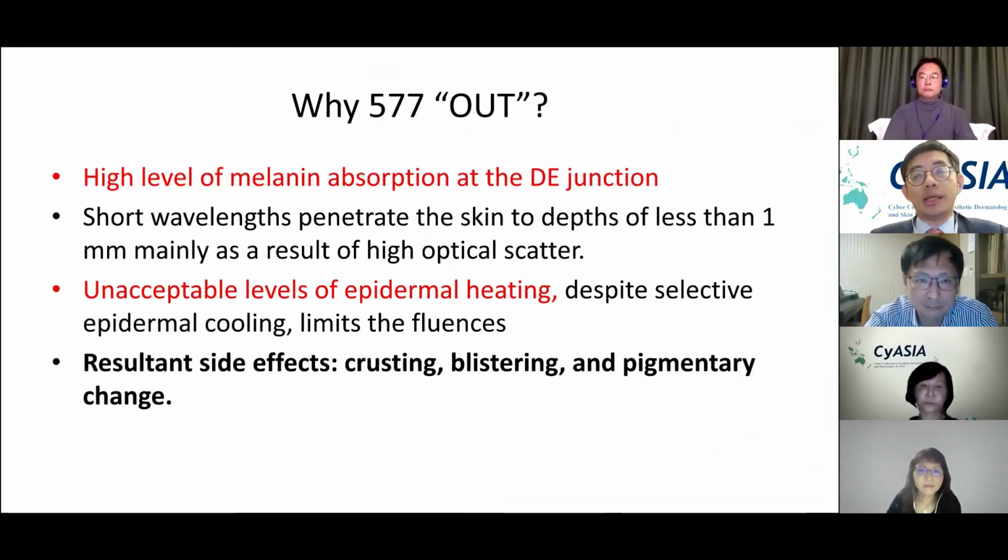But 577 was outdated, as the risk of crusting, blistering, and pigmentary change was too high because of the high level of melanin absorption, which induced unpreventable epidermal heating. In addition, the penetration is less than 1 millimeter.